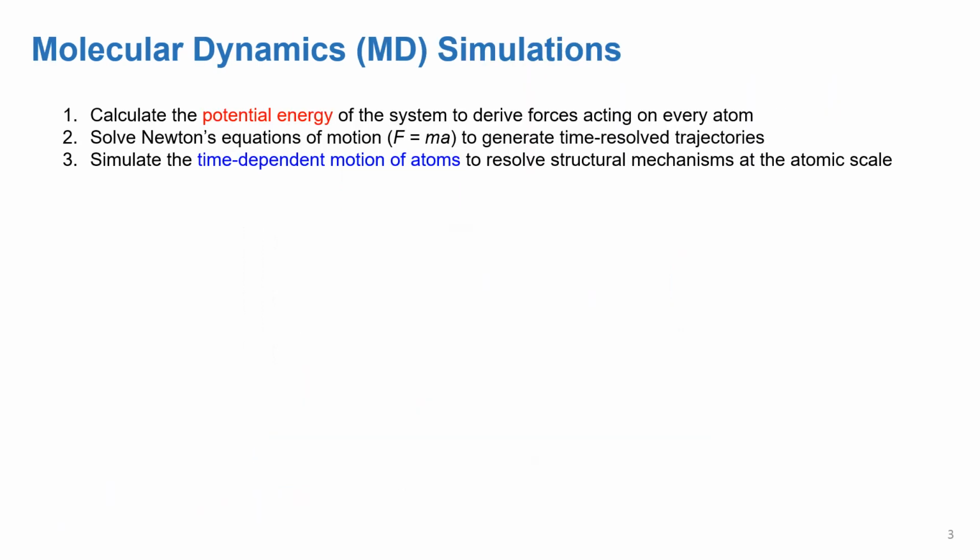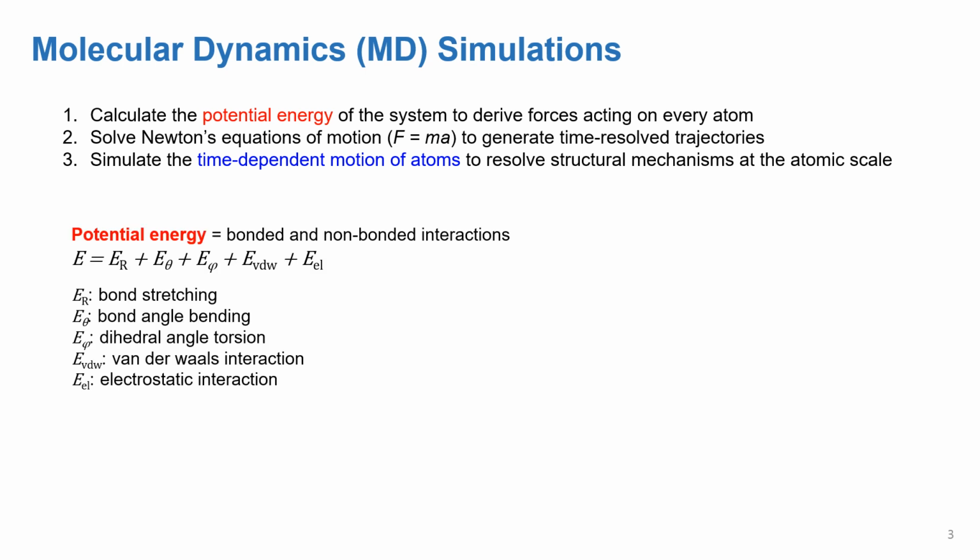How does MD simulation work? We start by calculating the potential energy of the system to derive the forces acting on every atom. This energy includes bonded interactions and non-bonded interactions, such as van der Waals and electrostatic interactions.